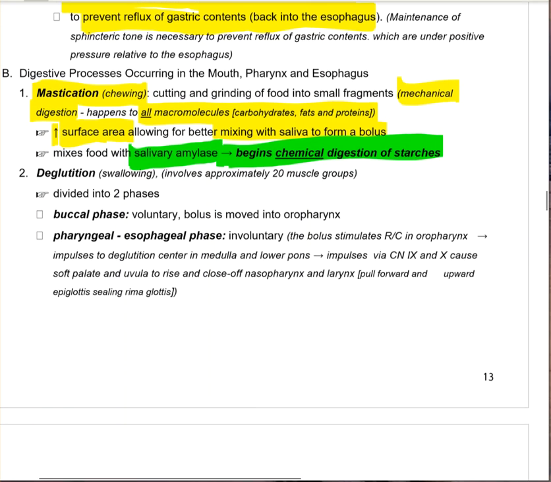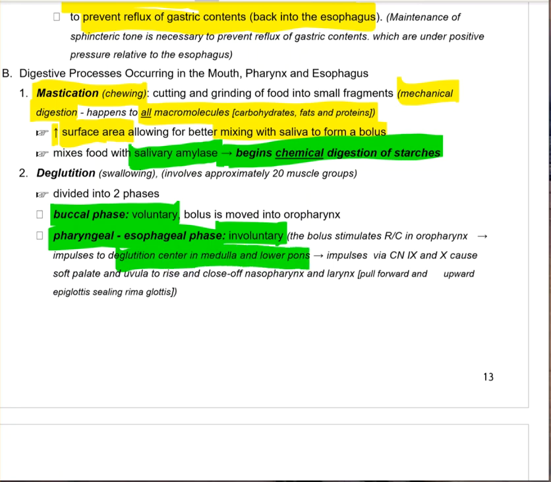As we said, deglutition or swallowing is very complicated, about 20 muscle groups, and there's two phases, a voluntary and involuntary phase. So let's look at those. The buccal phase, voluntary, that's where the bolus moves to the oropharynx. Then we have the pharyngeal and esophageal phase, and this is involuntary. This is where the bolus in the oropharynx stimulates impulses located in our medulla and lower pons, in our brainstem.